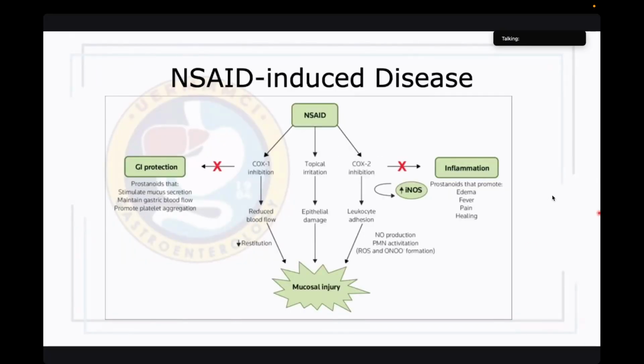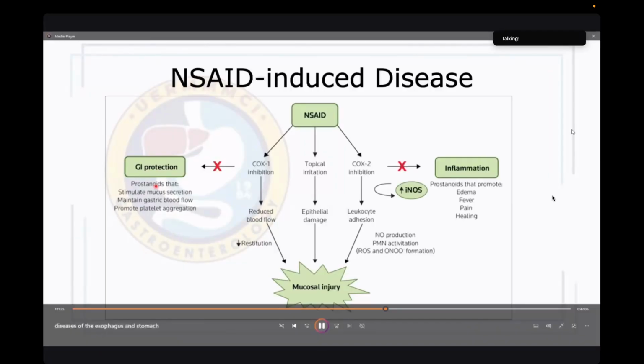NSAIDs work by inhibiting cyclooxygenase enzymes. Since most NSAIDs inhibit both COX-1 and COX-2, they are very effective as pain relievers and anti-inflammatory because they block the production of prostaglandins. But then the role of prostaglandins in the defense against peptic ulcer disease was explained a while ago.